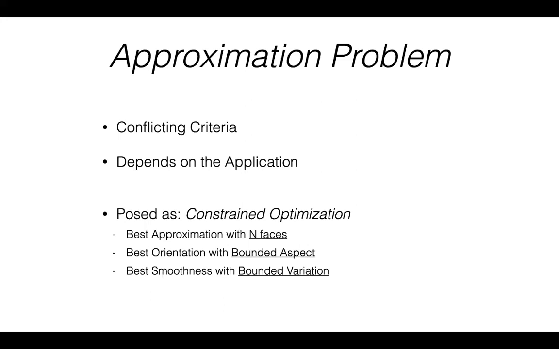If you are implementing a mesh in a game that has to run on a low computational power cell phone, you need a low-poly mesh with the least number of polys that represents the shape in a way that runs in real time. So all these criteria depend on the application, right? But there's a principled way to pose this constrained optimization and compute the best thing. And with neural networks, you can incorporate this in the neural network.